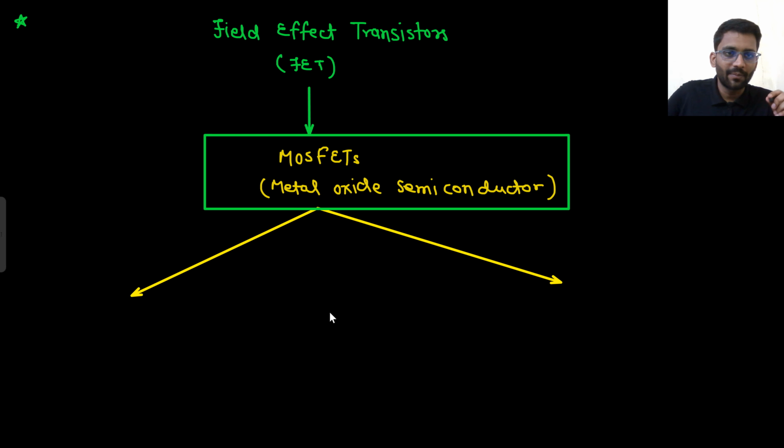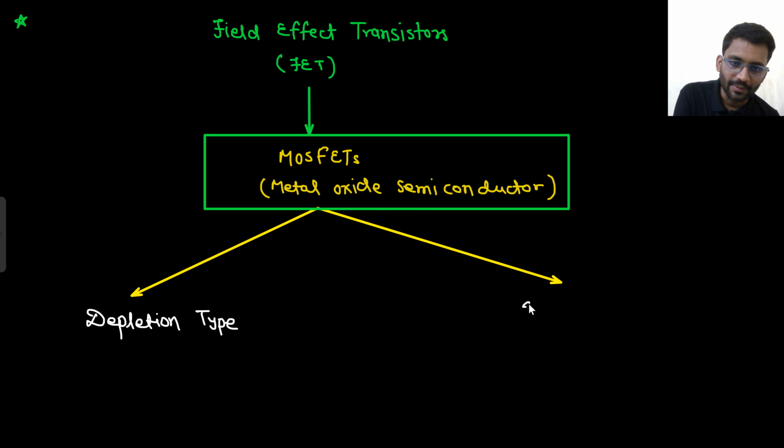MOSFETs are of two types. What are the two types? NMOS, PMOS? No. They are depletion type MOSFET and enhancement type MOSFET.